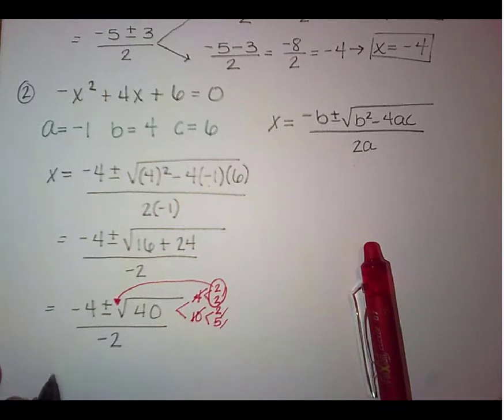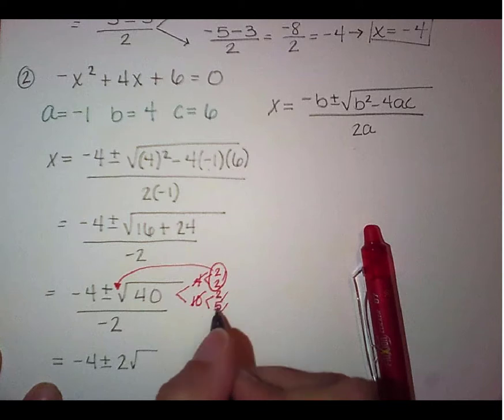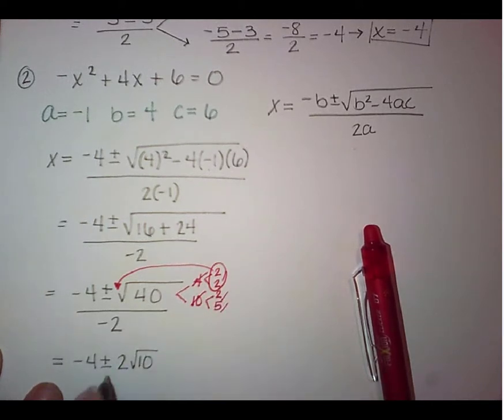So we're going to end up with -4 plus or minus, we're going to get that 2 out, square root, again we're going to multiply the leftovers back together, so 5 times 2 would be 10, over -2. Now we need to reduce this.